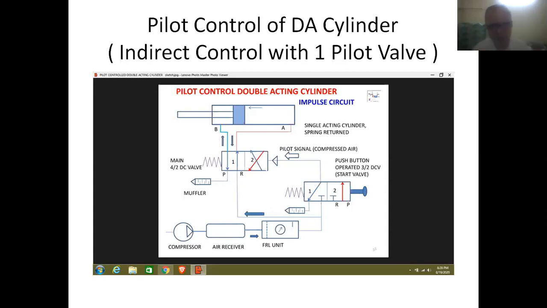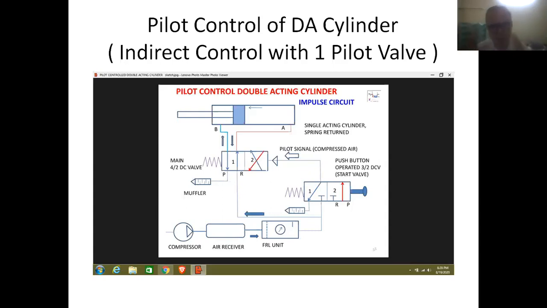In other words, the pilot valve will come to first position and after that it will put the DC valve in first position. In the second phase of operation, the pilot valve will come to second position, and ultimately it will put the DC valve in second position.